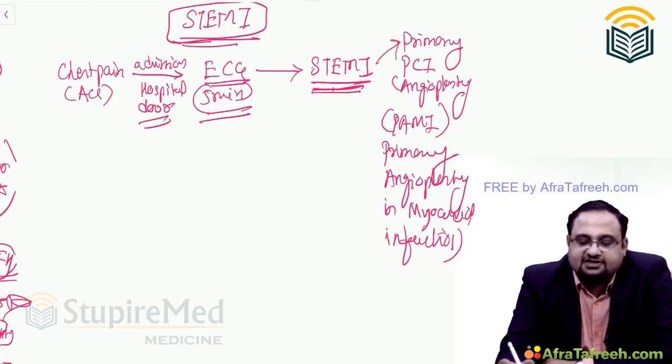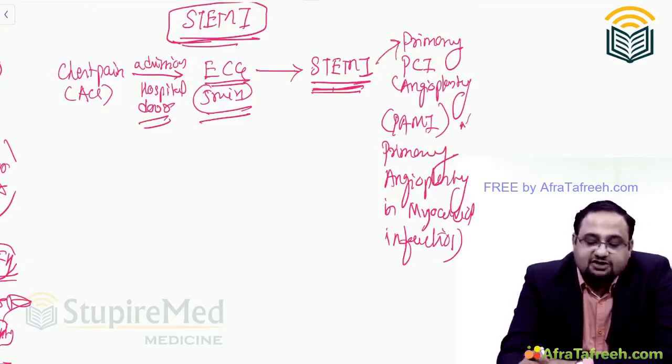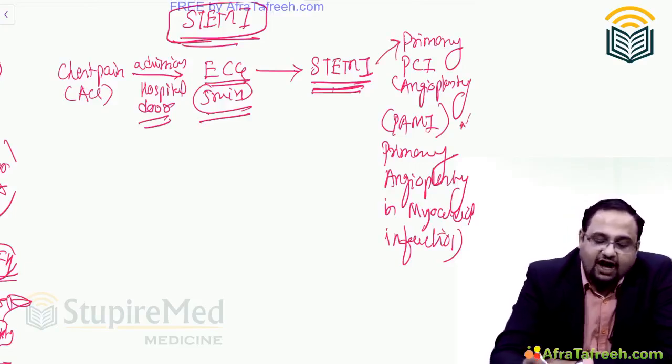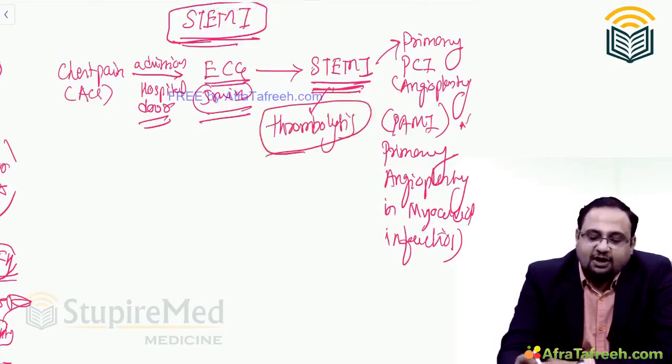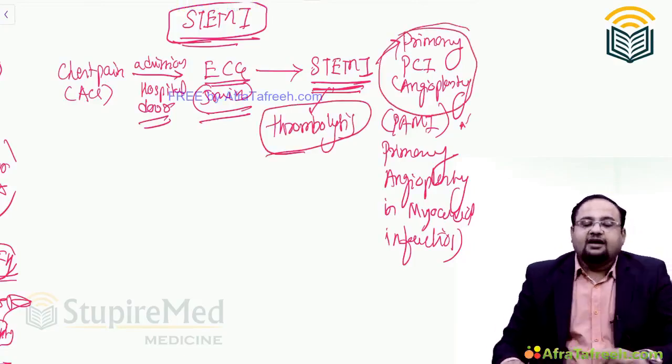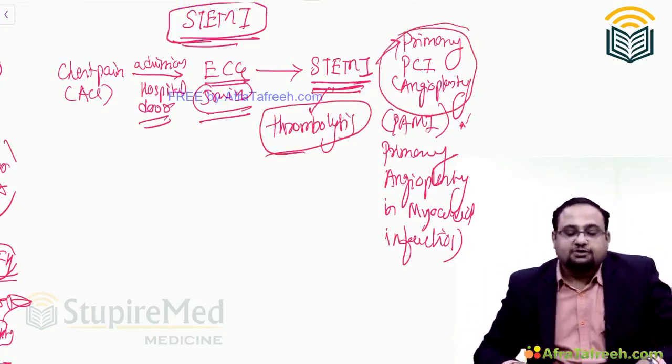Or another option you have is thrombolysis by giving IV drugs like thrombolytic agents. So primary angioplasty and thrombolytic agents, these are the two options you will have.